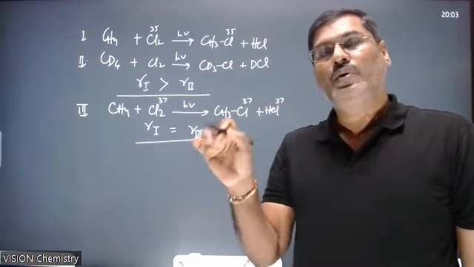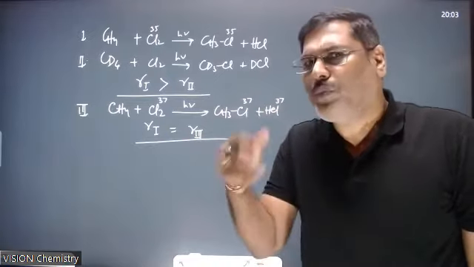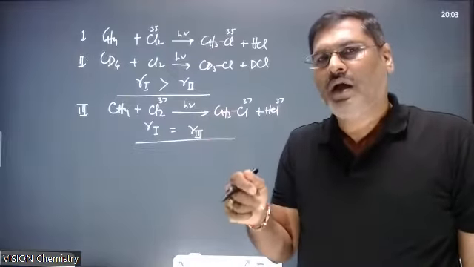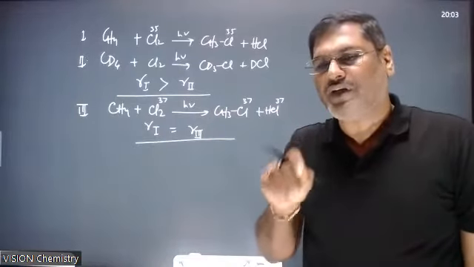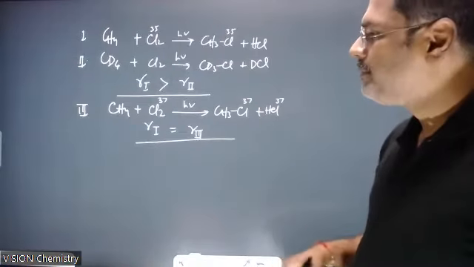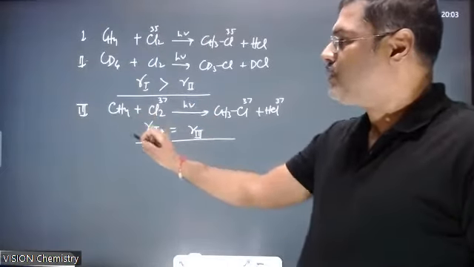CH or CD bond dissociation is involved in the RDS. What phenomena, what things are involved in the RDS? Only those things will be affecting here the rate of the reaction. And that's why here we find this difference, here we don't find the difference.